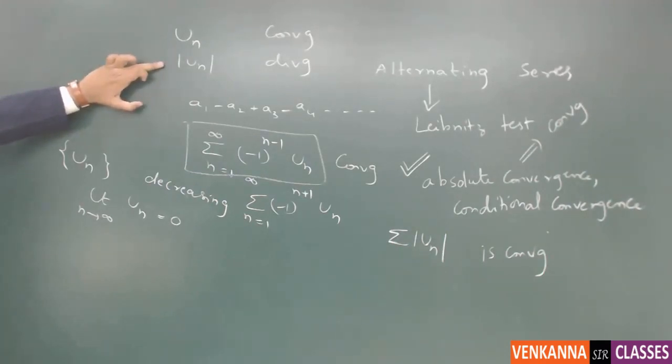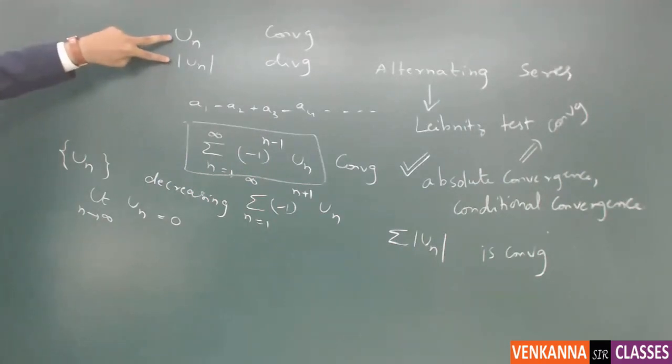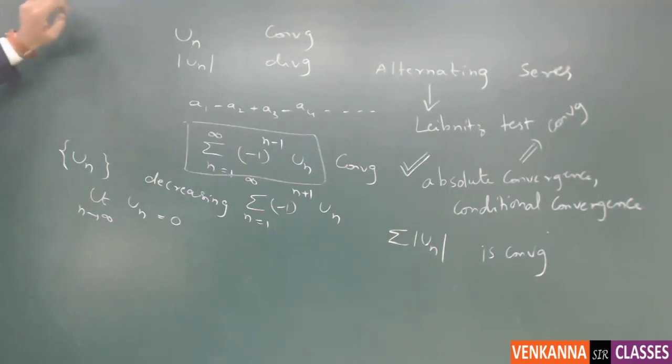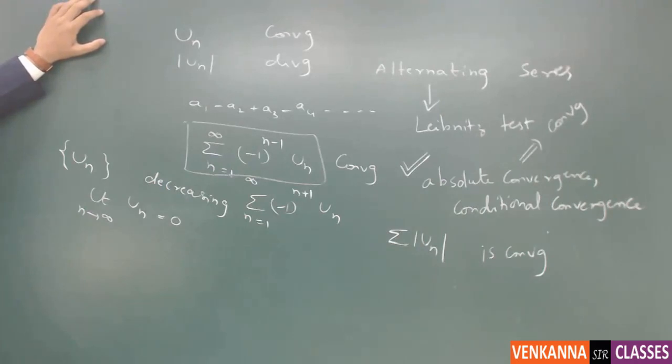If you put the modulus, it will become divergent. So if this type of situation arises, then we say that the series is conditionally convergent. Okay. Is this clear to all? The definitions part? If everyone is clear with this, then let us take some problems. Fine.